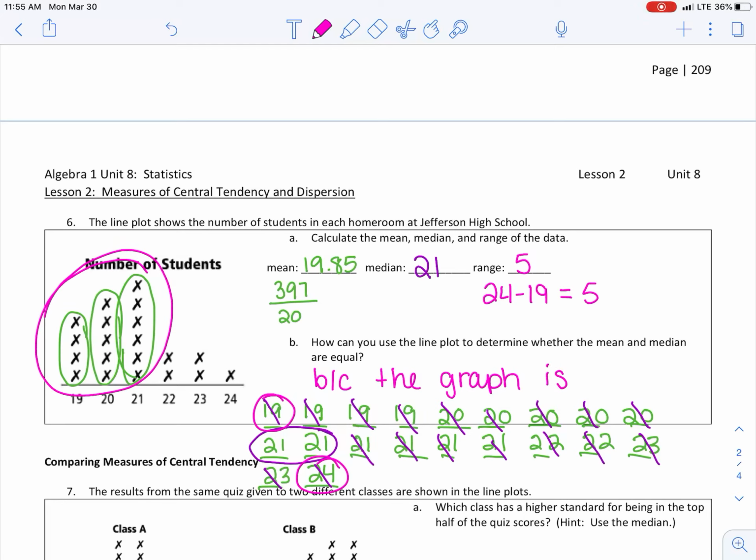So because the graph is not symmetric, we can conclude that the mean and median are not the same. You could have also said because the graph is skewed, that would have worked also. And in this case, since it has more of your numbers to the left over here, I would say this is left skewed.